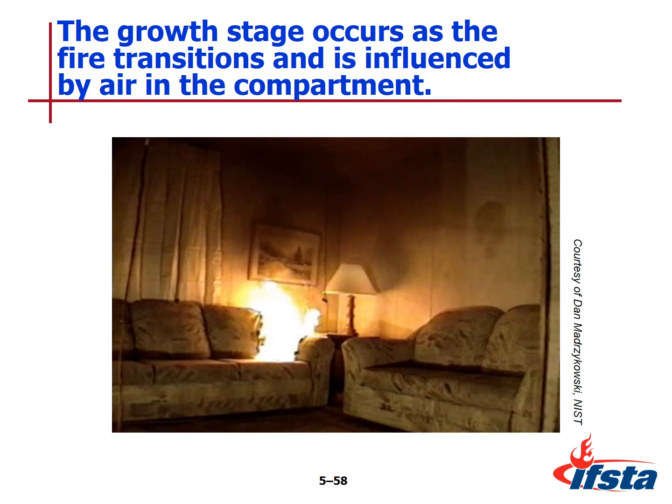From that point in time, we get into the growth stage. This is where the fire starts to influence the environment and the compartments. It's grown large enough at this point that the compartment configuration, the amount of ventilation, is going to start to influence it as well.